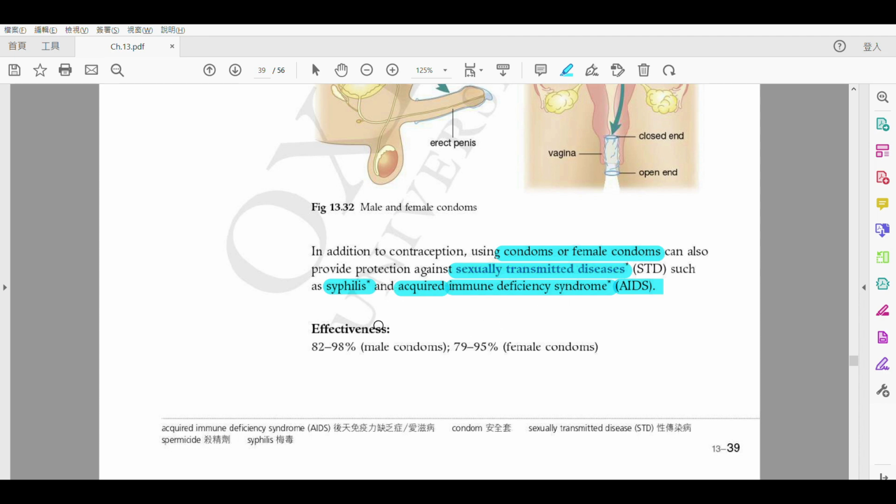You see these two words again when we talk about pathogens, which we talked about in previous videos.